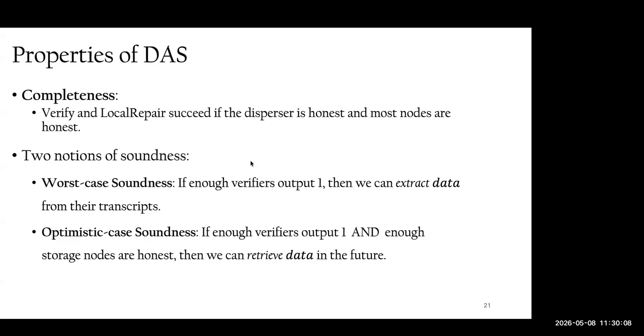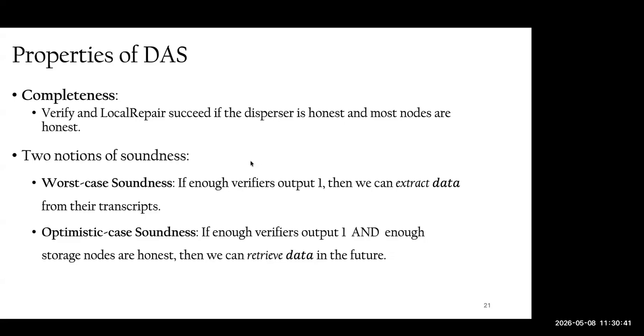What this is saying is, even if literally everyone in the system was corrupt, the disperser and all the storage nodes, we still want some guarantee which says that if enough verifiers output 1, meaning they believe the data was available, then extraction should work from their transcripts. So even if everyone is corrupt, if verifiers accept, meaning that somehow over the network they were able to get the chunks they required, then I can extract from their transcripts, meaning there is enough information in the network. So that's the first thing we capture.